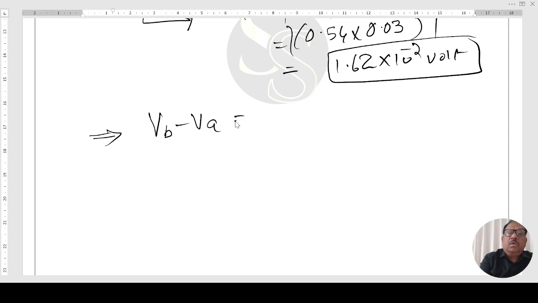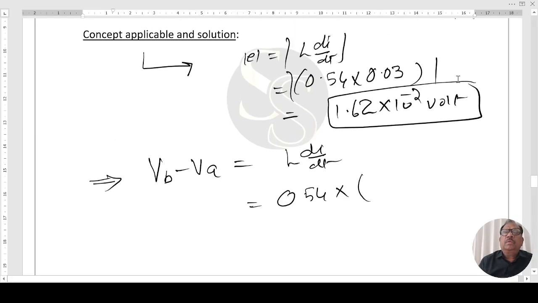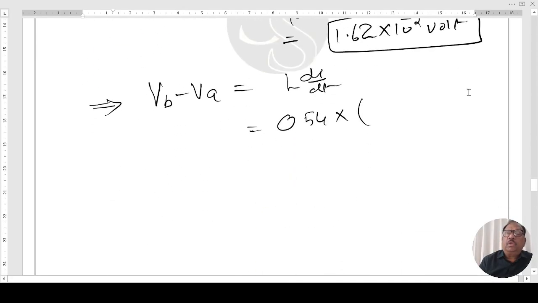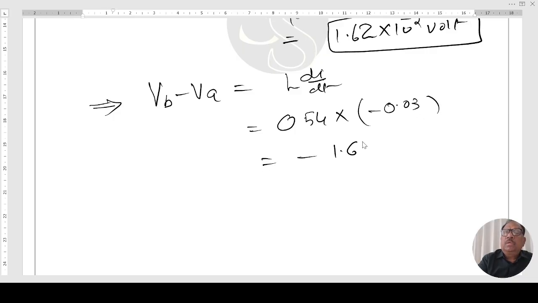So VB minus VA equal to L di by dt, that is 0.54 into minus 0.03. That is minus 1.62 into 10 to the power minus 2 volt.